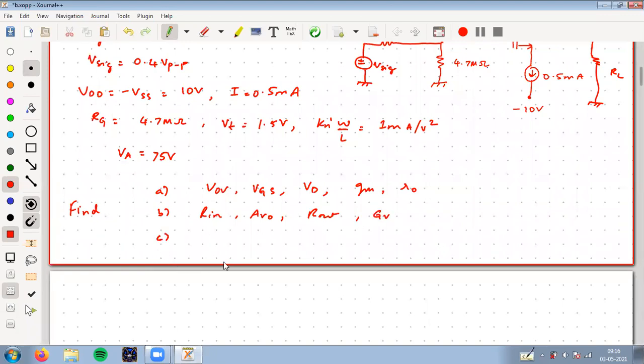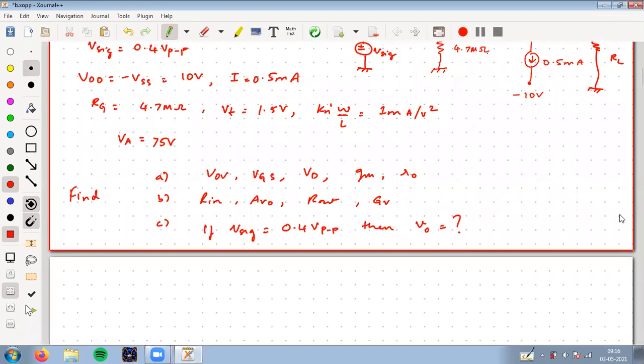C bit is if V signal is 0.4 volts peak to peak, then what is V naught? Okay, this last bit is very simple. If you find the gain, then that will give you V naught. Okay. So this is what is asked.